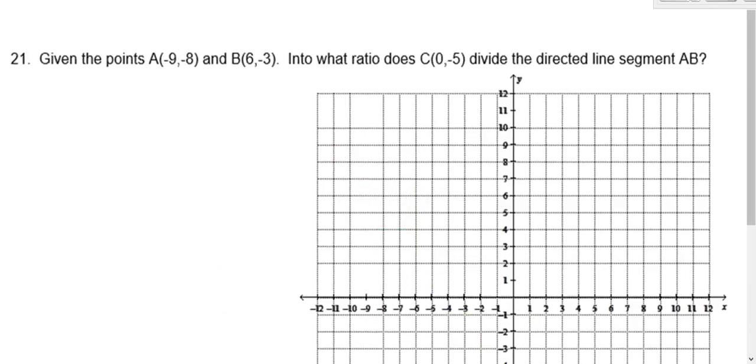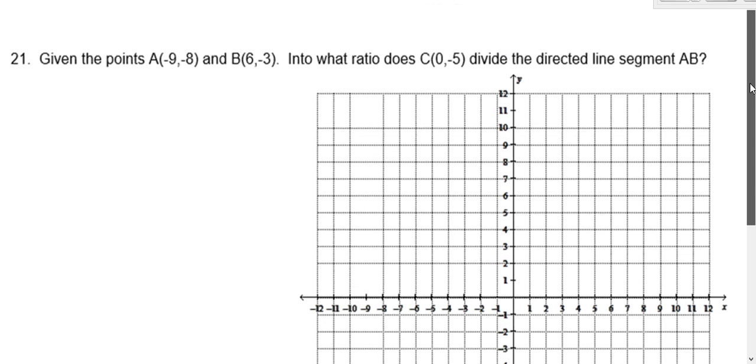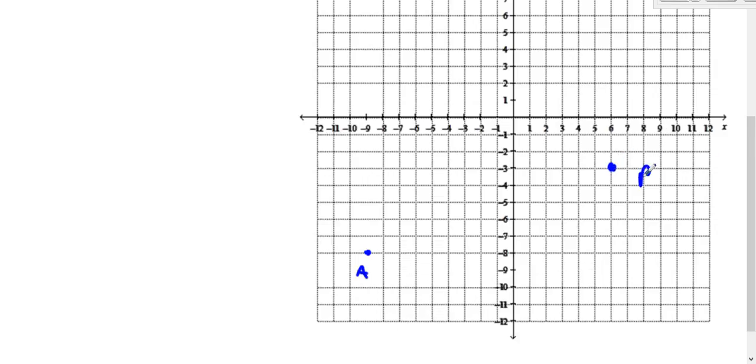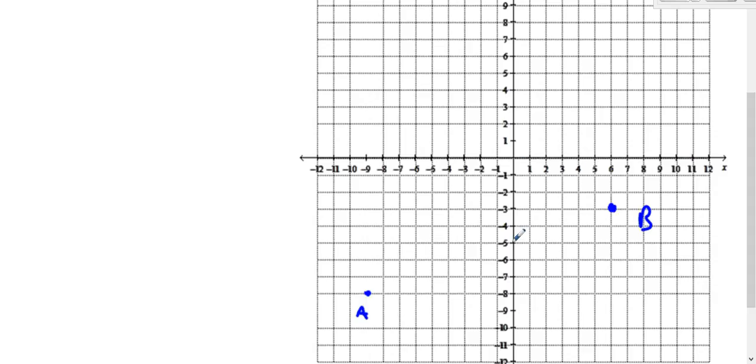Let's take a look at another one of those. Plot the points, -9, -8. That's A. B is 6, -3. And then C is at 0, -5. So when you draw the line, they should be collinear.